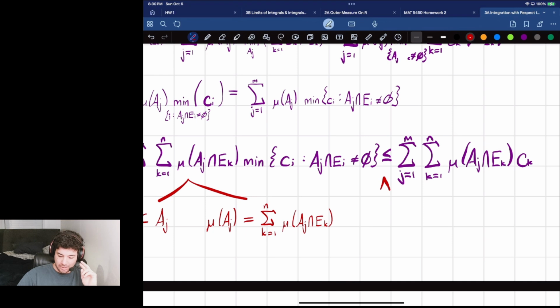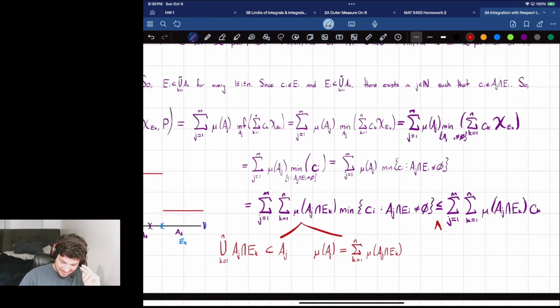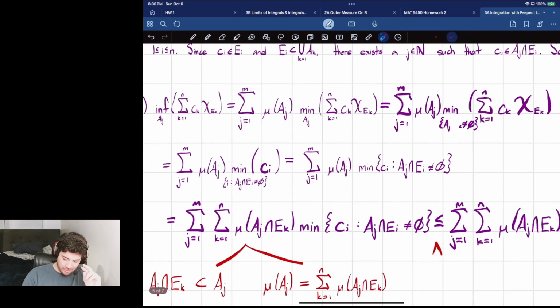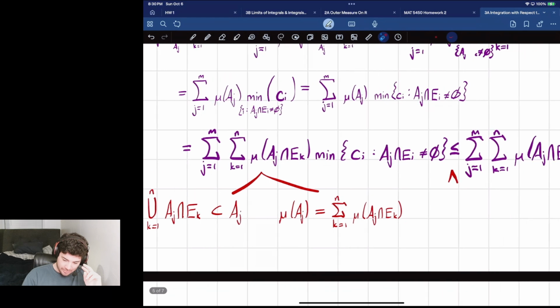That's also contained basically on the output of the simple function that's basically over the intersection.